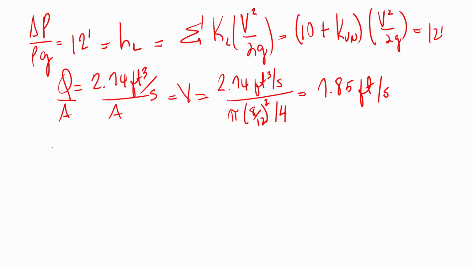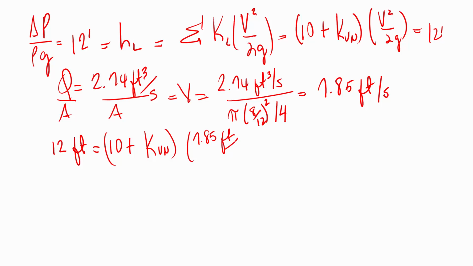So then I have my equation: 12 feet equals 10 plus an unknown, times 7.85 squared over 2g, and the parentheses are very important here because this is the summation. So whenever I look at this expression, solve for the unknown, and make sure that you know how to do that, pause and study.